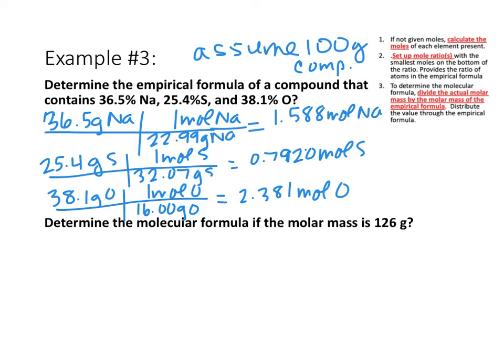So we now have 3 different moles. Our lowest moles are sulfur. So what we're going to do is set up 2 mole ratios. Sodium over sulfur, and oxygen over sulfur.